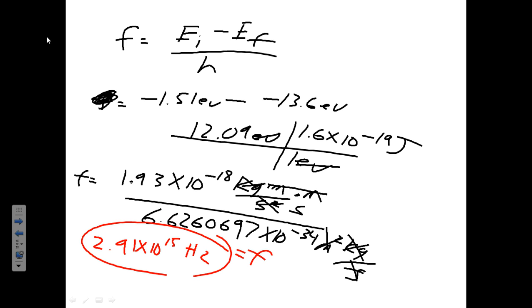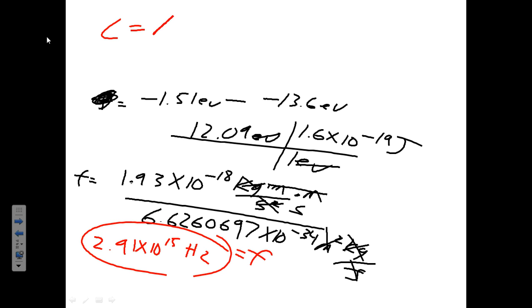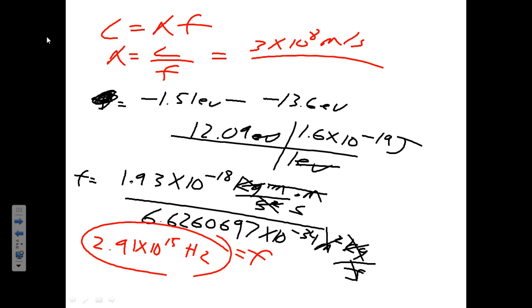And then to find wavelength, we'll use c equals wavelength times frequency, which means wavelength equals c divided by f. So it's 3 times 10 to the 8th divided by our frequency. That's an s down there, by the way.